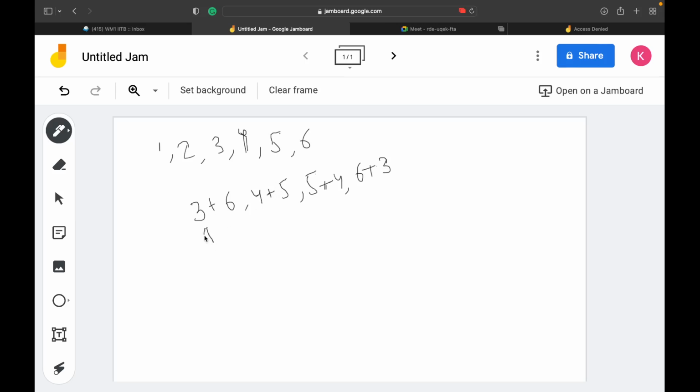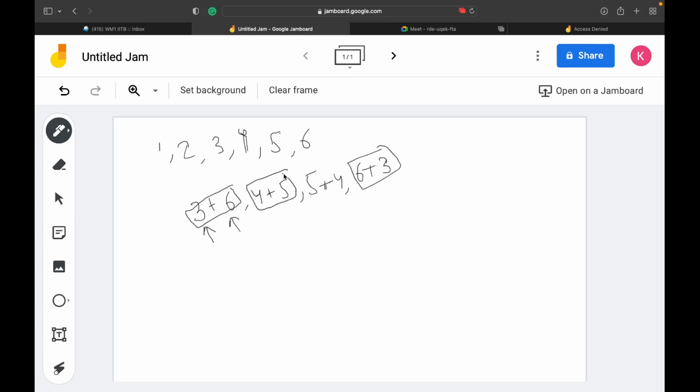So this is the event when we roll the dice for the first time, and this is the event when we roll the dice for the second time. That's why this event and this event are different.